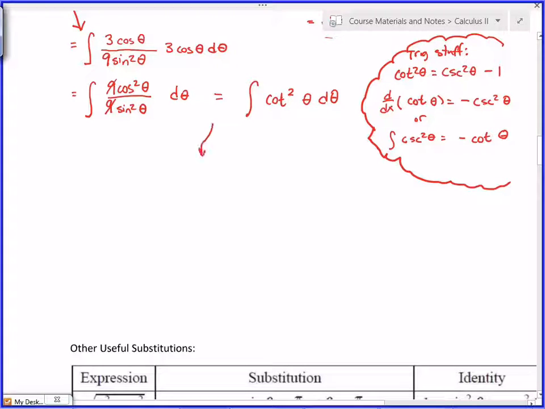Namely, I can do the integral of cosecant squared of theta minus 1 d theta, okay, by trig identity. And then what I just told you, what is the integral of cosecant squared? Negative cotangent. What's the integral of minus 1? Theta. So minus theta plus c.